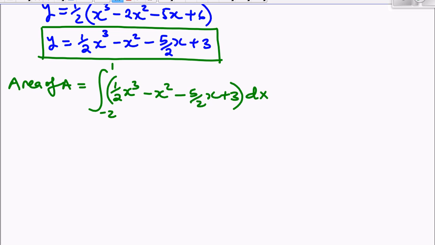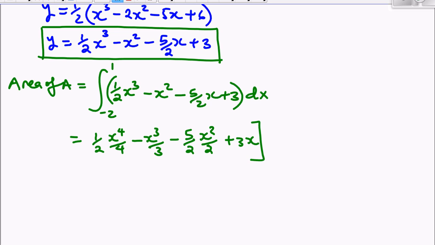Now, if I integrate that, I will end up with, I'm not sure if it will fit here, a half x to the power 4 over 4 minus x cubed over 3 minus 5 over 2 x squared over 2 plus 3x, and the limits are from -2 to 1.